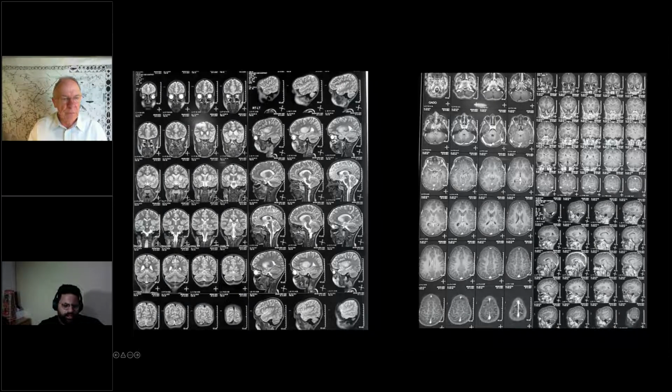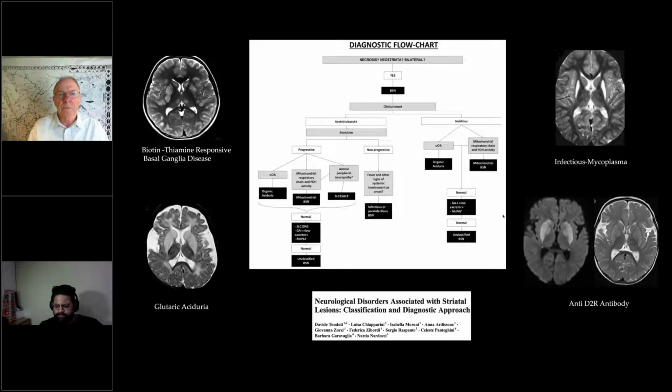Sagittal images, there's mild thinning of the corpus callosum, no signal abnormalities in the white matter. Post-contrast images, no contrast enhancement. I think the question was clinically it's an anti-D2R antibody or a biotin-thiamine responsive disorder.